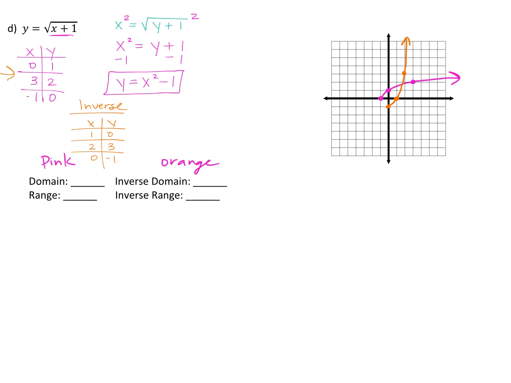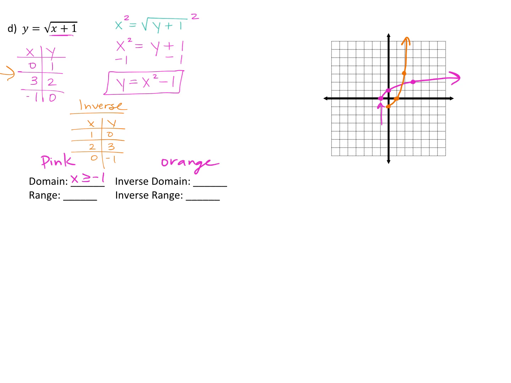Less than, greater than, all real numbers? What could you get for X? Greater than 0, or greater than or equal to 0. It's not 0. Look where your X starts on the pink graph. -1. X has to be greater than or equal to -1, right? Here's our starting point at -1, and X kept going forever and ever to the right of that. So X has to be greater than or equal to -1.